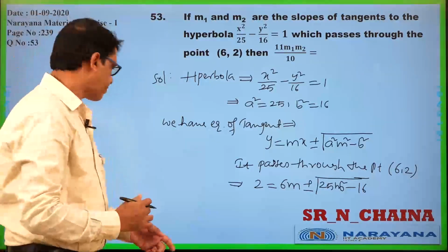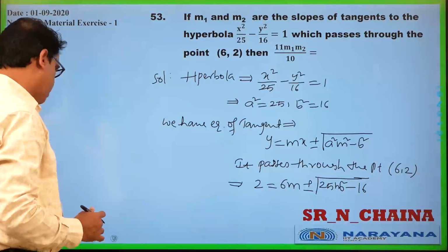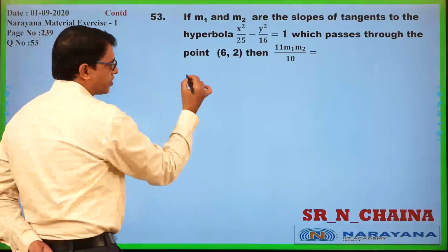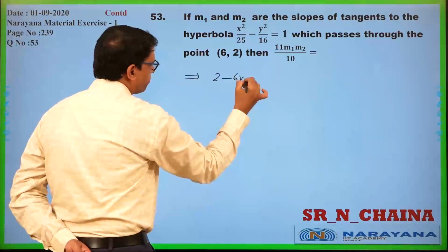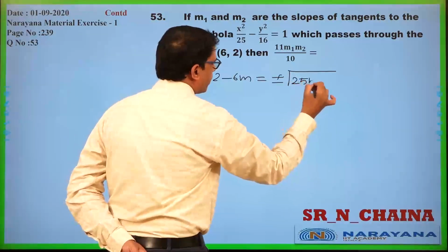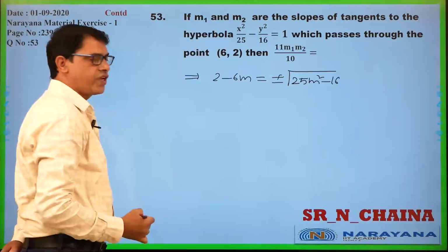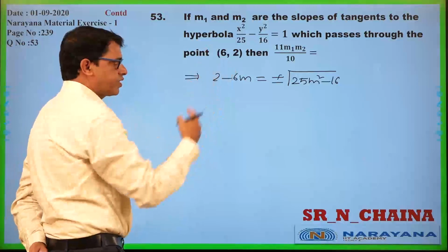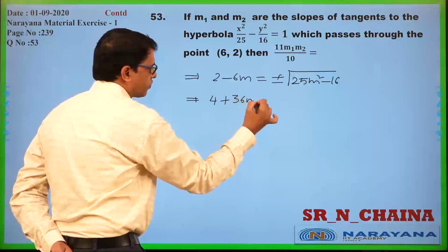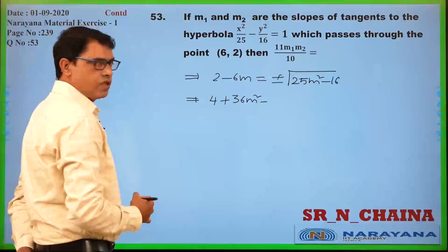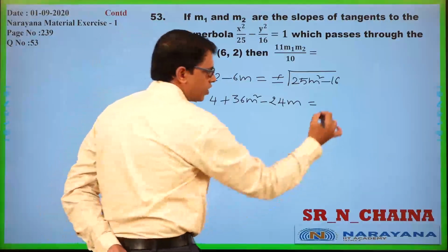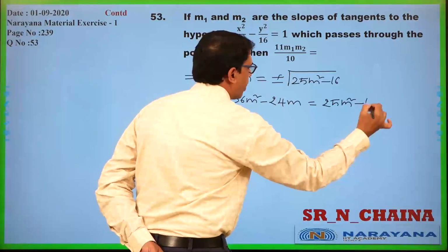Squaring on both sides, that implies 2 minus 6m whole square, that implies 4 plus 36m square minus 24m equals, so root get cancelled, 25m square minus 16.